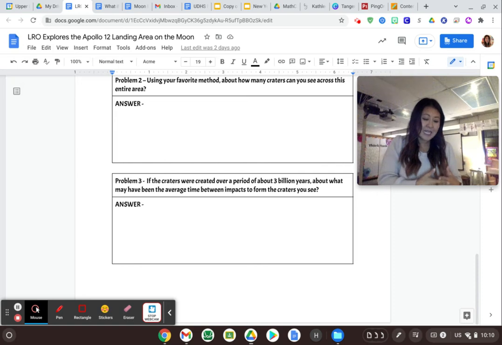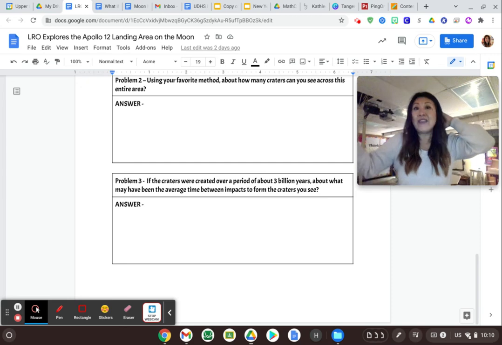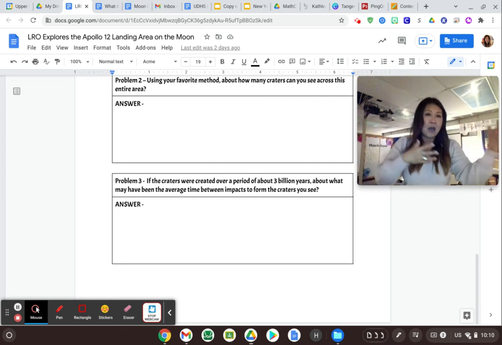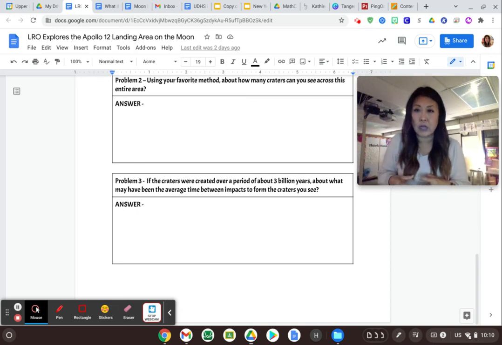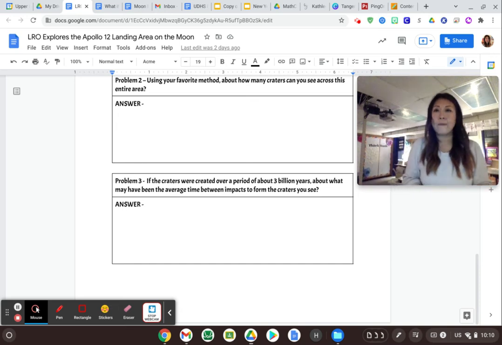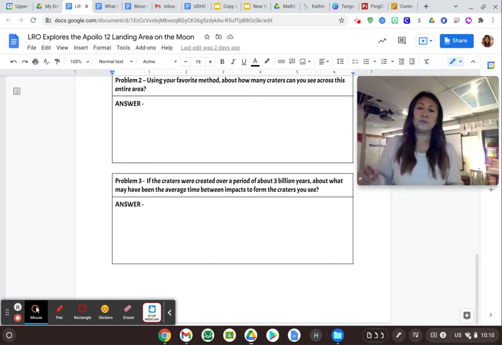So you almost need to take an estimate, trial and error, of how X amount of craters over an average, and then you're going to give me an estimate. You determine what X is, and then give me an estimate of how much you would see over that period of time. So you're looking for the average time between impacts of craters. You're going to have to use a little variable there, all right?